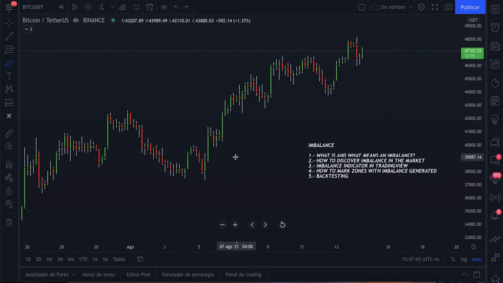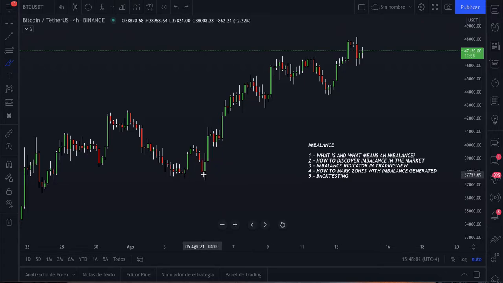So what we're gonna do is to identify where is the best position, where is the best situation to go to the market. Okay, so that's why we will try to look for imbalance.